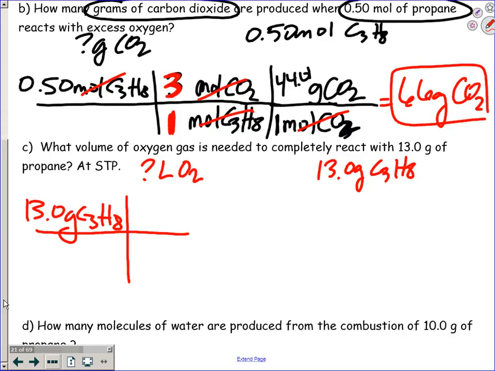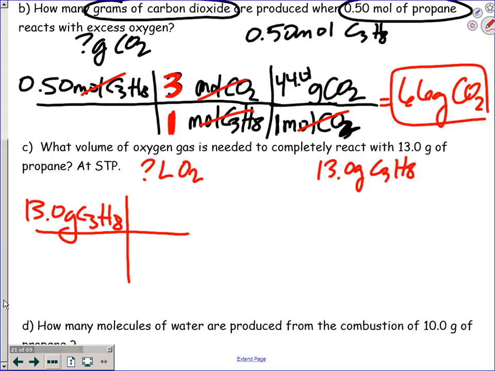Then moles go up here. Okay. So now it's on the mole, so we use the number to balance it.